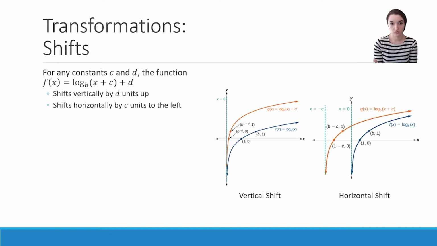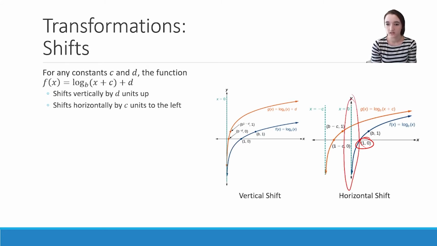When you shift your logarithmic graph, you want to really pay attention to two things: where does the vertical asymptote go, and where does that point (1, 0) go? So where did this point go, and where did the asymptote go?